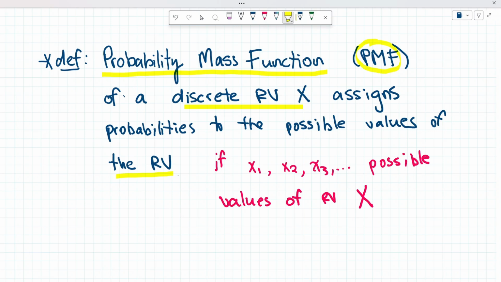Each one of these, x1, x2, x3, and so on, are all possible values of our random variable.